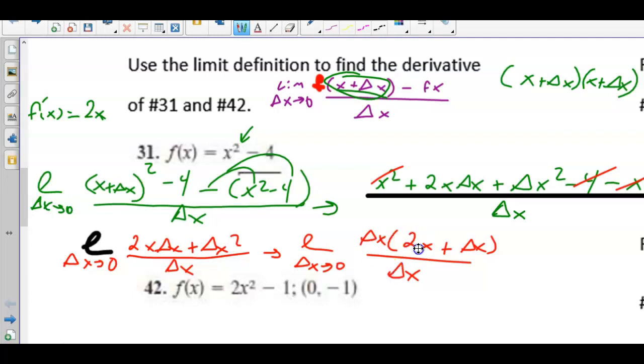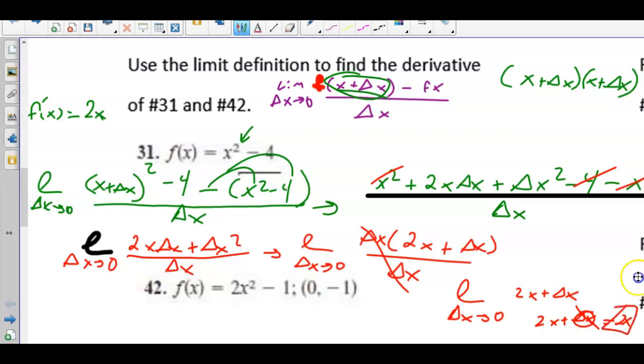See, delta x times 2x is 2x delta x, and delta x times delta x is delta x squared. So that cancels. Now I have the limit as delta x goes to 0 of 2x plus delta x. Well, delta x is 0, so I plug in 0, or plus 0, and I get 2x.